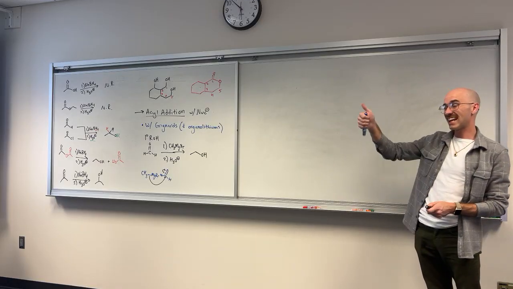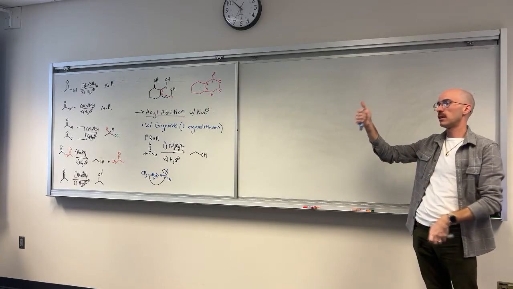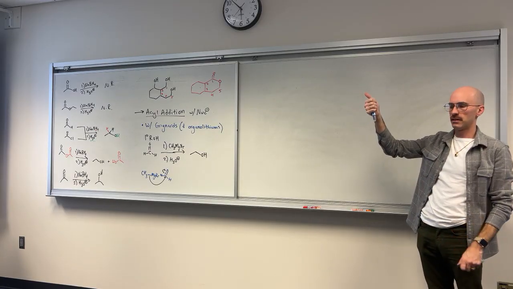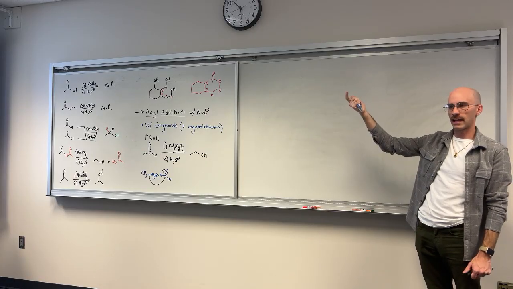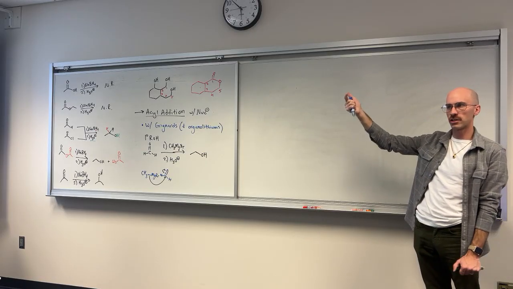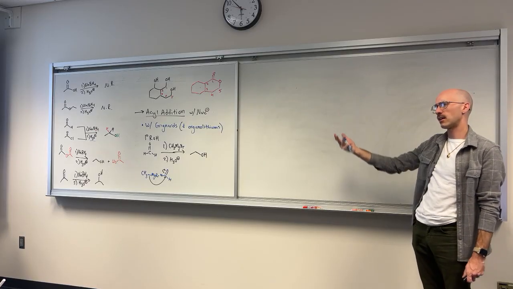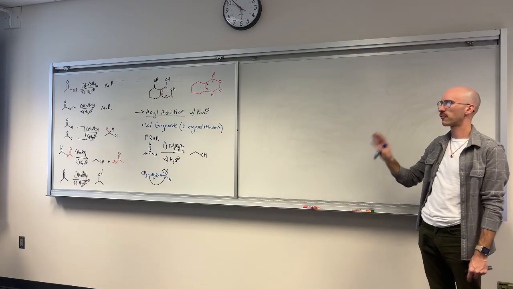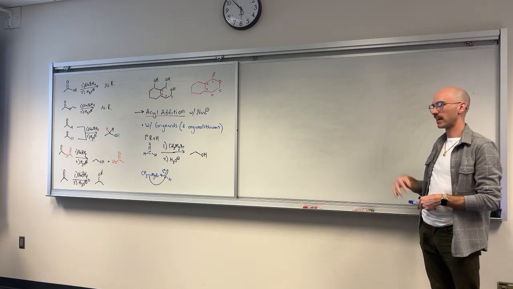So that's EAS mechanisms, but not nitration and not sulfonation, NAS mechanisms, and then also acid catalyzed hydration, HX addition, halogenation, and halohydrin, haloether addition from our OChem 1. It's more likely that you'll see EAS and NAS though.